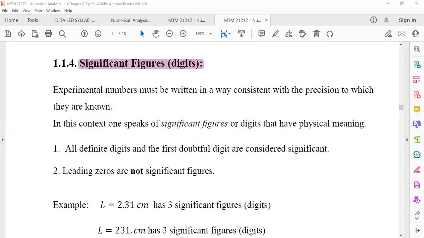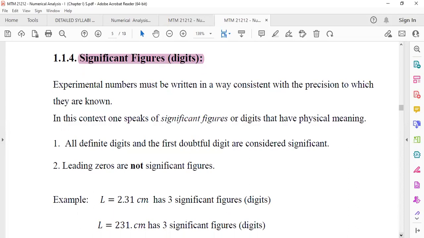According to that, we may get different values, and different errors also. We can encounter these things in the error section too. So experimental numbers must be written in a way consistent with the precision to which they are known.